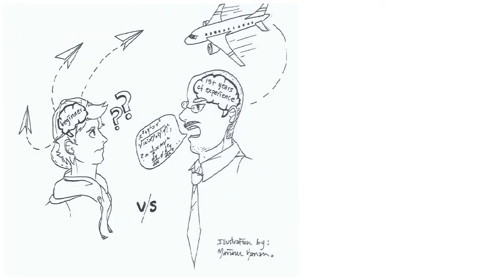Now, let us try to understand this concept from this illustration. Let us say the professor here is having huge experience in the field of aeronautics engineering. He has published several papers.